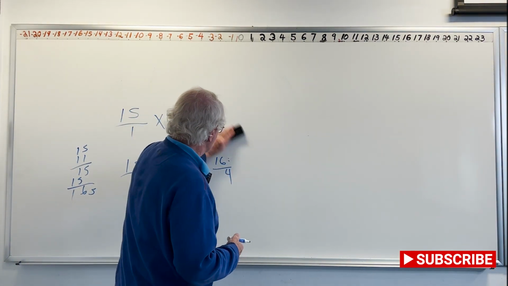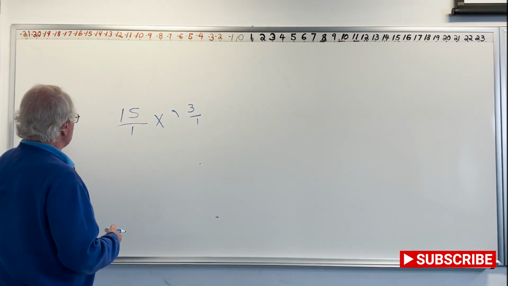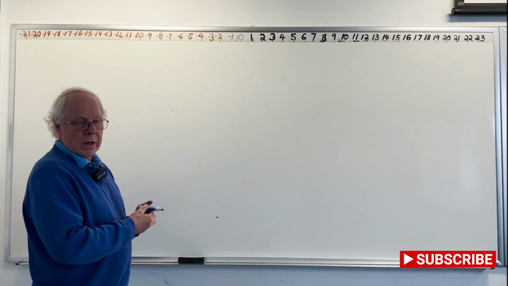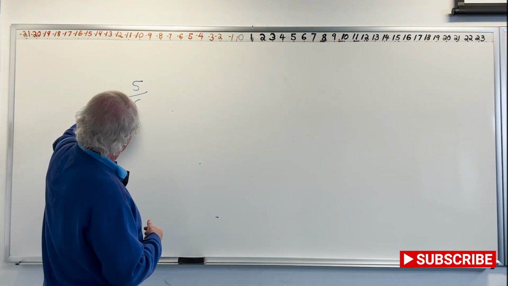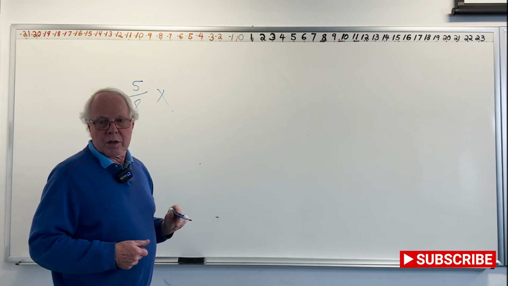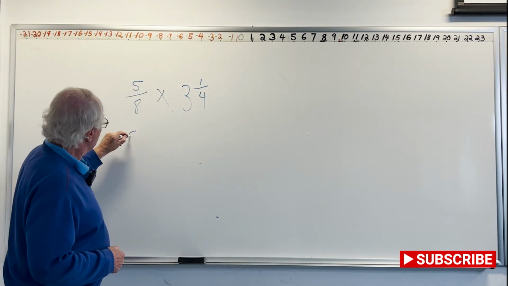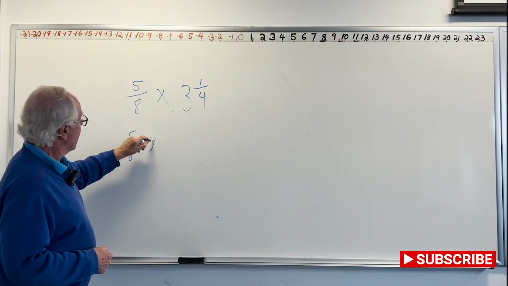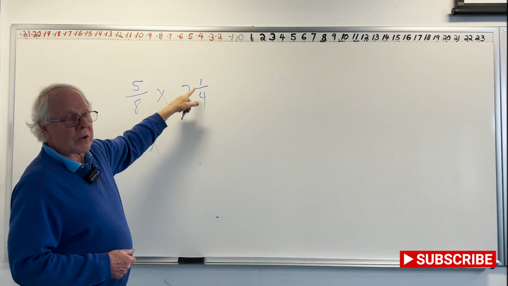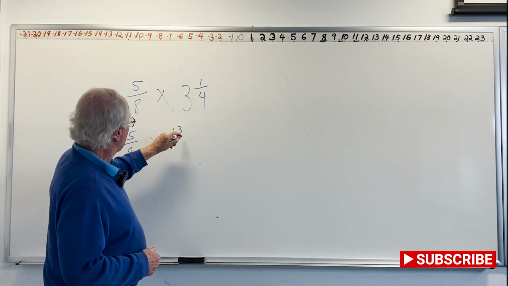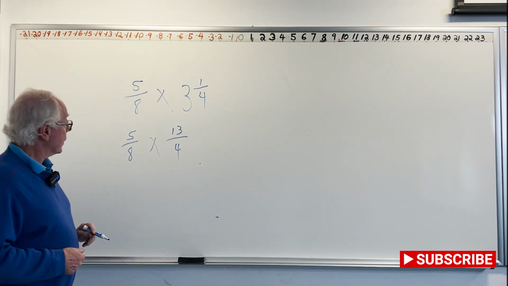All right, our last one before we move into division is going to be 5/8 times 3 1/4. So 5/8, that doesn't change. 3 times 4 is 12, plus 1 is 13. 13/4.